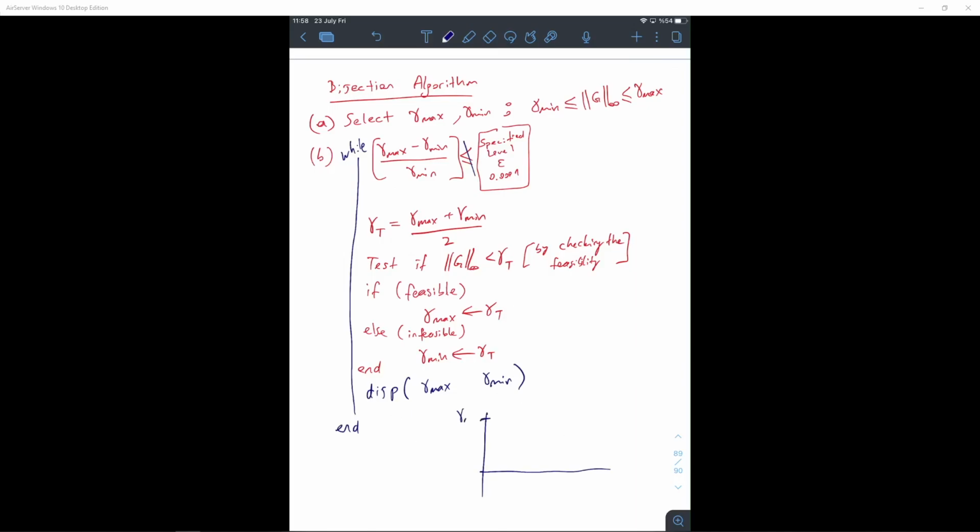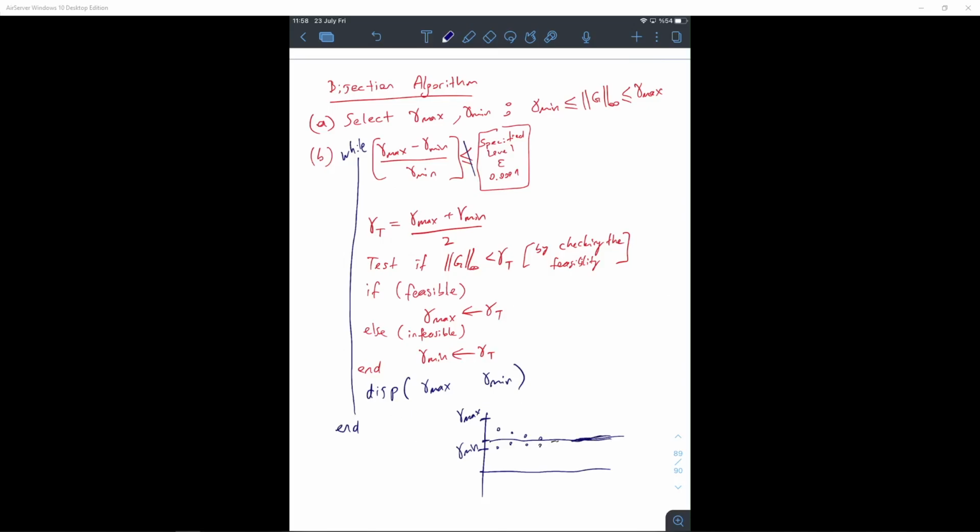Here this is gamma max in the first iteration, here this is gamma min in the first iteration, and let's say this is the correct value. It is going to be like this, and after a while we get this.